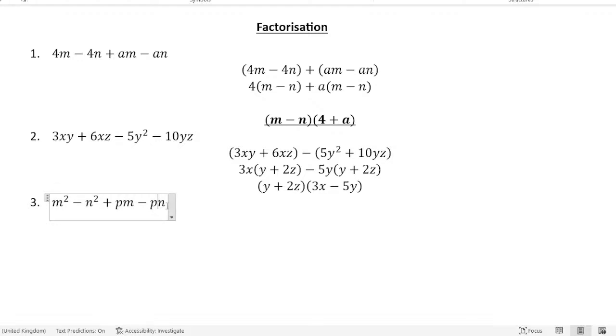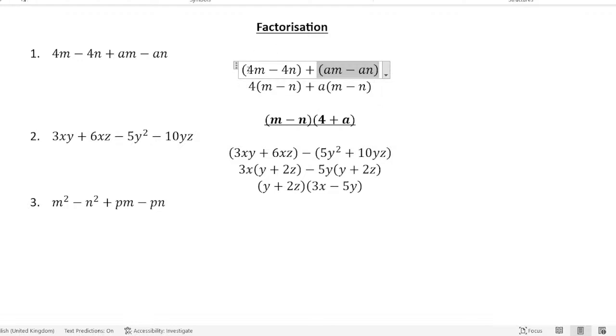Factorize this expression fully. I'm going to give you 2 minutes to do this exercise. Okay, let me explain again. First step, you have to group them. So I group these two together, and these two together, inside brackets. Then I took out the common factor.